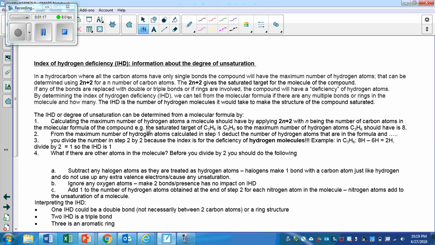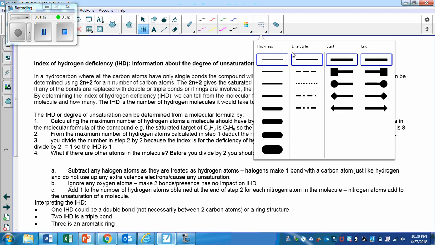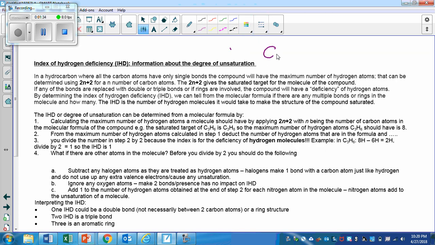For any organic compound, if it is a saturated hydrocarbon, the formula for that hydrocarbon should be CnH2n+2. That is the number of hydrogen atoms for any n number of carbon atoms.